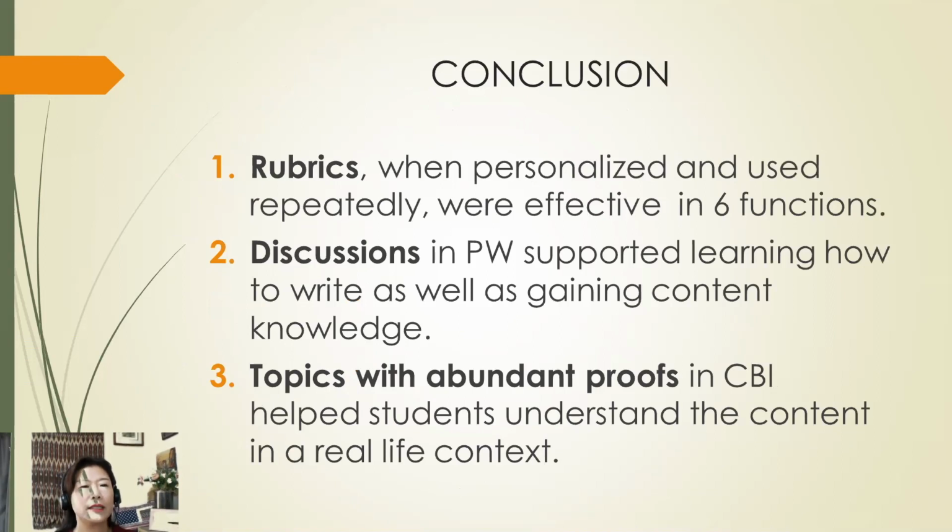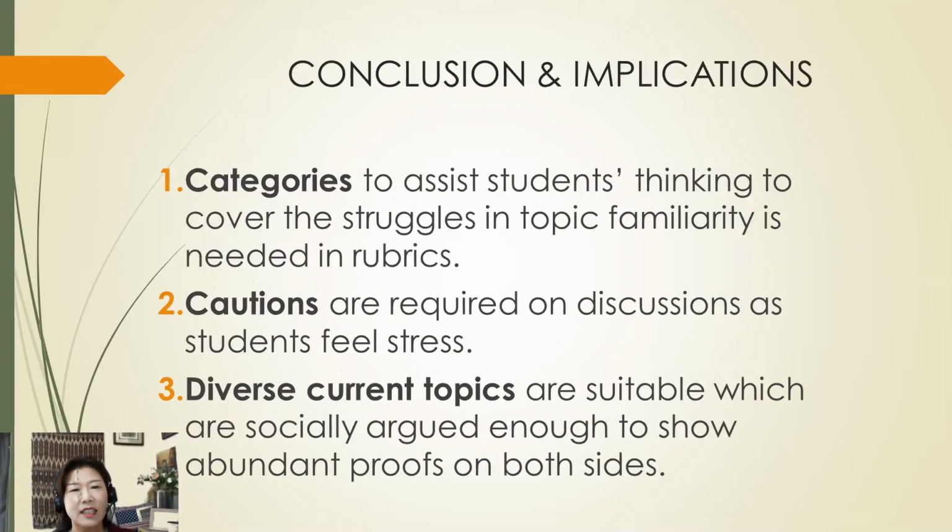In conclusion, rubrics, when personalized and used repeatedly, were effective in 6 functions. Discussions in process writing supported learning how to write as well as gaining content knowledge. Topics with abundant proofs in CBI helped students understand the content in a real life context.